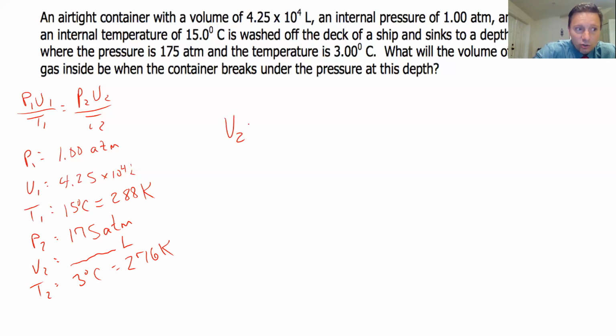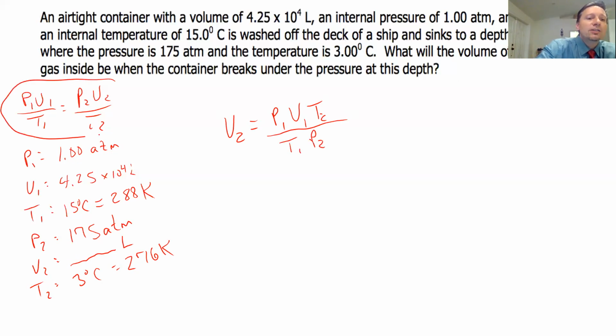So I have V2 equals P1 V1 T2 divided by T1 P2. All I did was just rearrange this formula right there. So now I can plug all this in, and I like to write all my units and everything.